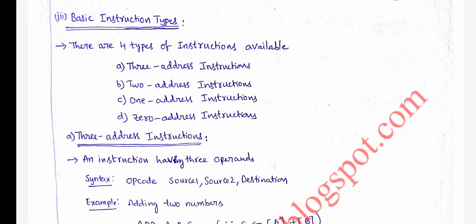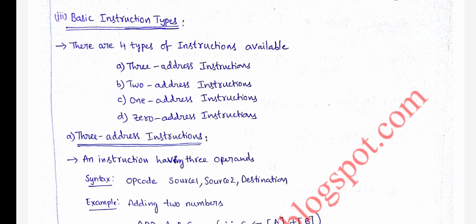Here, basic instruction types, or we can also call them instruction formats. We have the following four types of instruction formats. Instead of using the word instruction, we have to use the word instruction format. No problem.